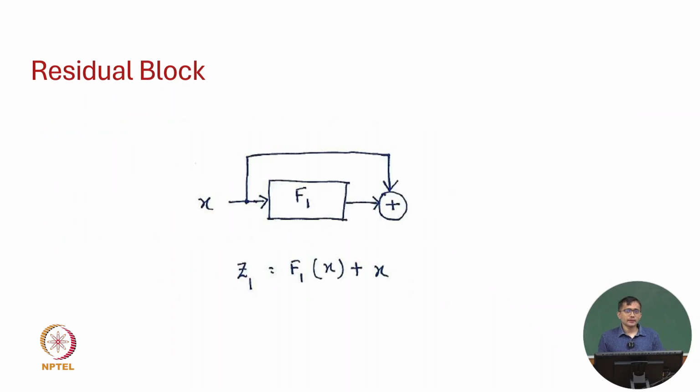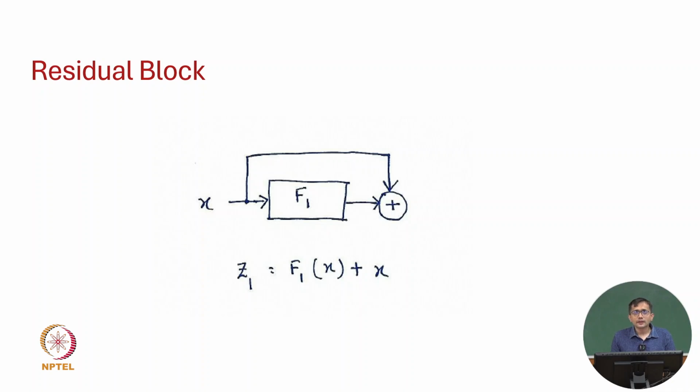So let us look back a bit at the residual block. Indeed, the residual block and the ResNet that is based on the residual block is one of the most important CNN architectures.